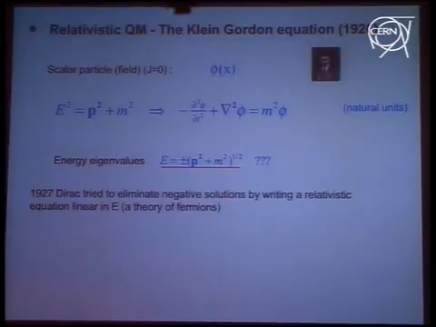In 1927, Dirac, looking at the Klein-Gordon equation, said, we want to get rid of these negative energy states. They don't make any sense. And he wrote a relativistic equation which didn't involve E squared, it just involved E. And in doing so, he discovered the need for fermions, the electron, for example. And that's a very fundamental contribution to physics.